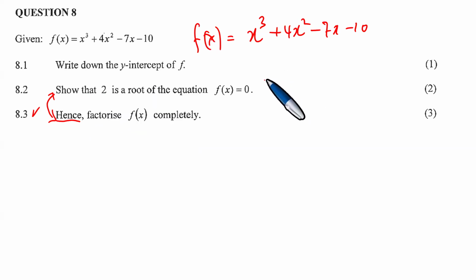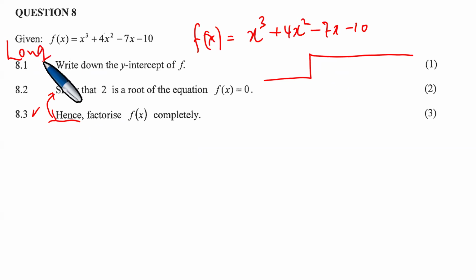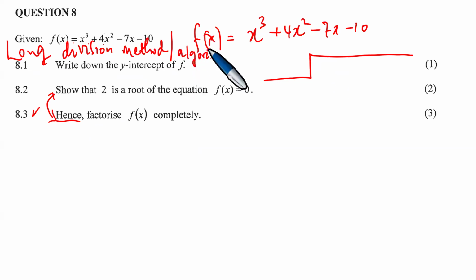So at grade 10 and grade 11, we learn something we call the long division method. If we don't want to call it the long division method, we call it the long division algorithm.